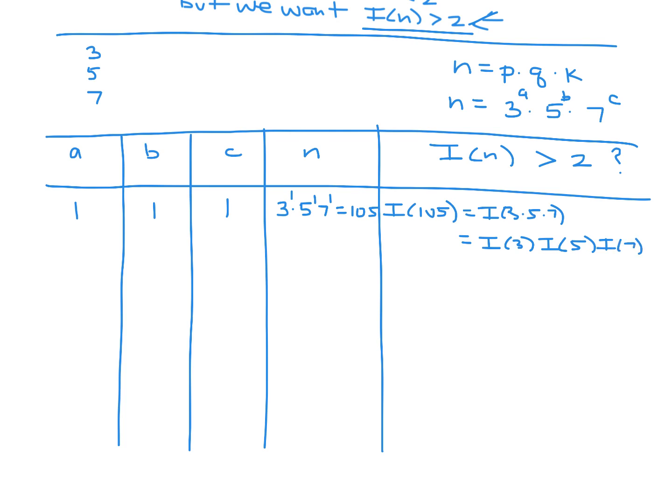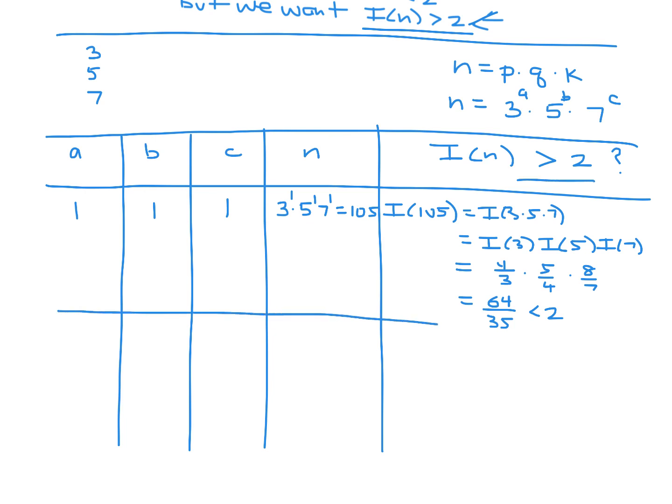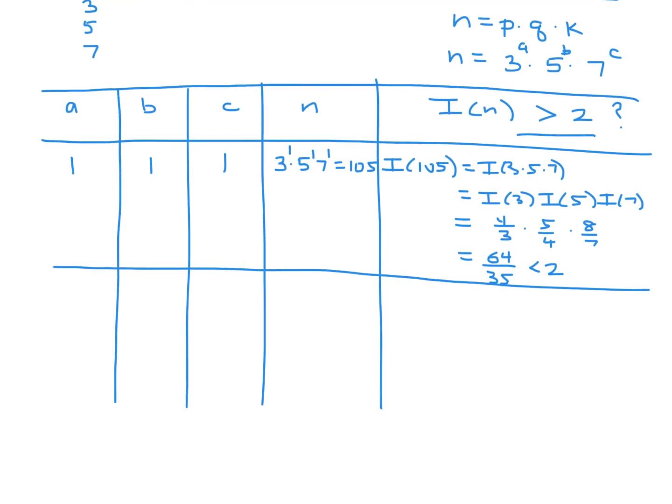Using the property from before, this is 4 over 3 times 5 over 4 times 8 over 7, which is 64 over 35. Unfortunately that is less than 2, so it doesn't satisfy the property. All right, no problem. Let's just keep going.